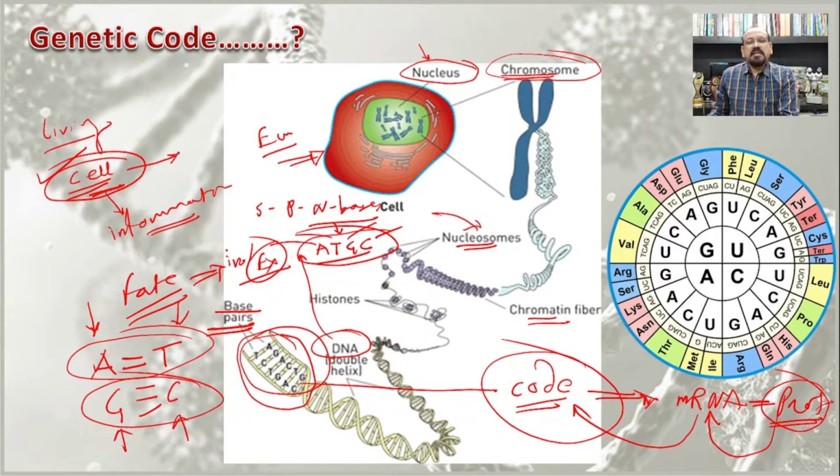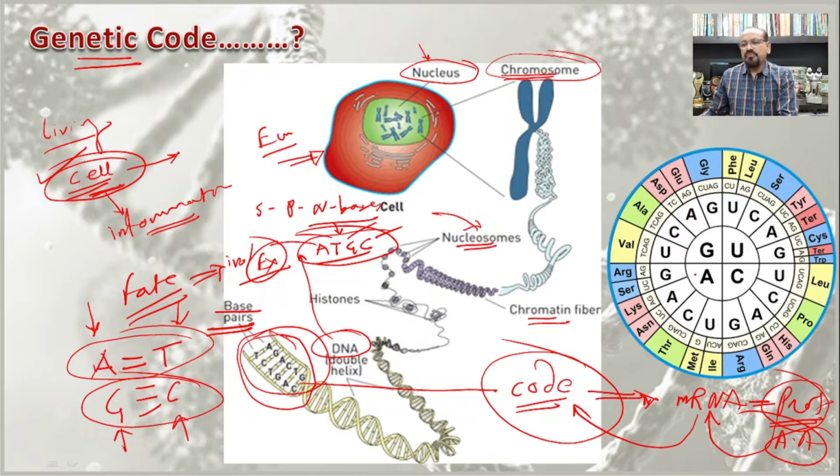The relation between the sequence of nitrogen bases on the DNA or the mRNA and the sequence of amino acids in the polypeptide chain or the protein is nothing but the genetic code.